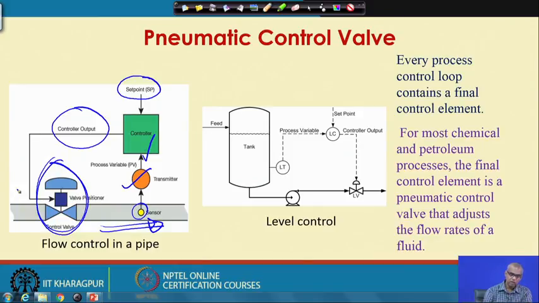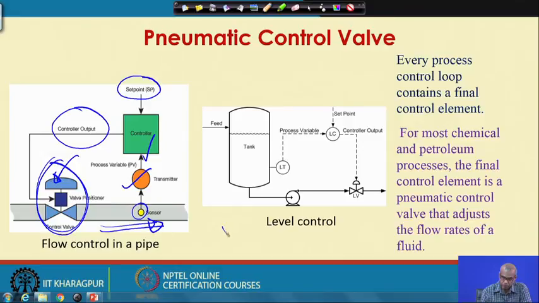So, a pressure signal is applied on this valve top, and that increases or decreases the opening of the control valve through which flow takes place. So, that is how the flow rate can be increased or decreased by changing the resistance or changing the opening of the control valve, and one can achieve a control on the flow rate.